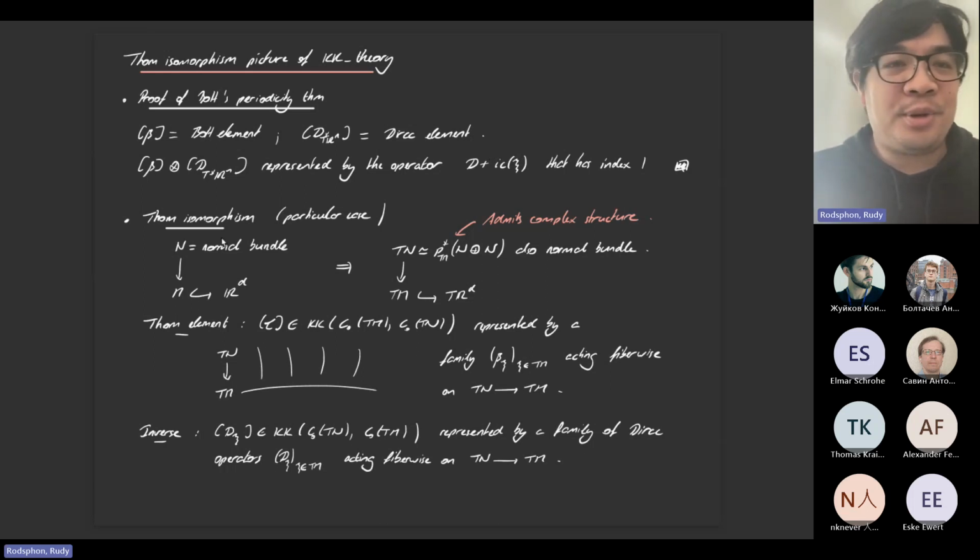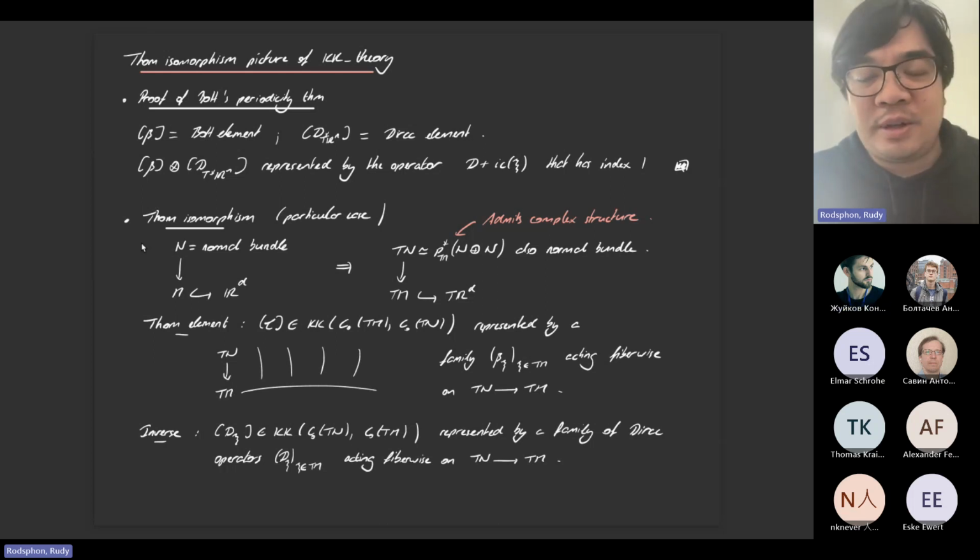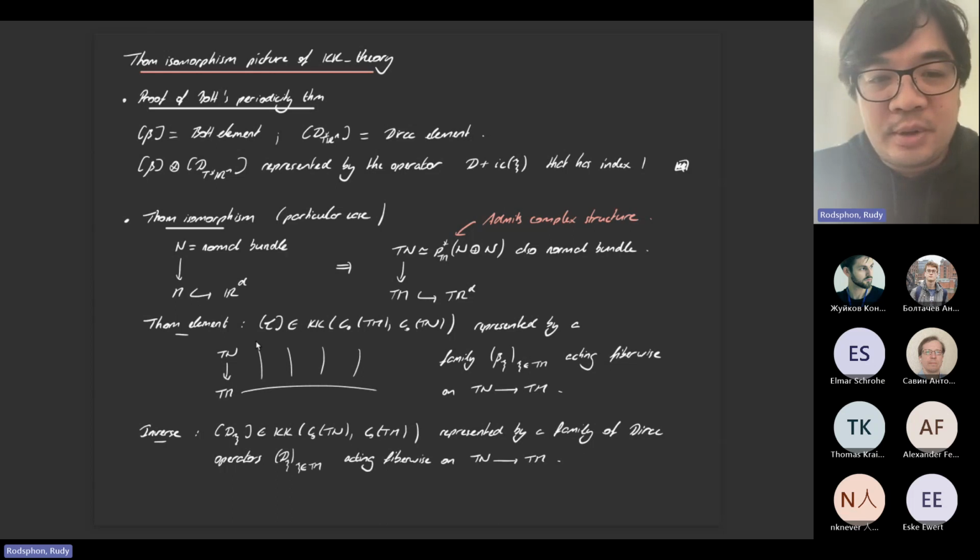There's another example, which is what we call the Thom isomorphism. Here we'll see the relationship between Kasparov's index and the topological index. Very briefly, if you have an embedding, then you have a normal bundle, and taking the tangent spaces, you also have normal bundles.